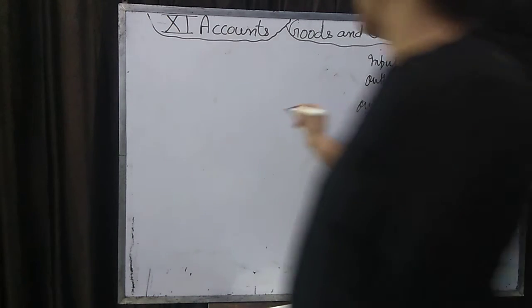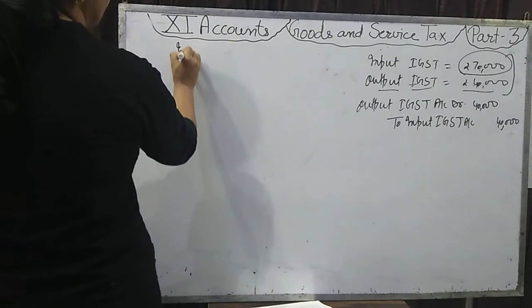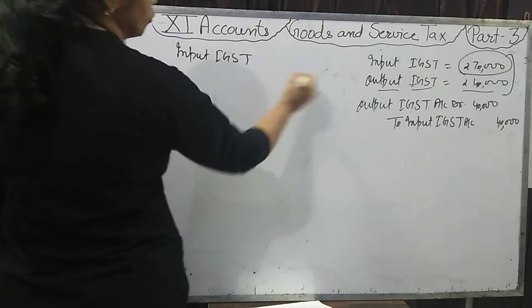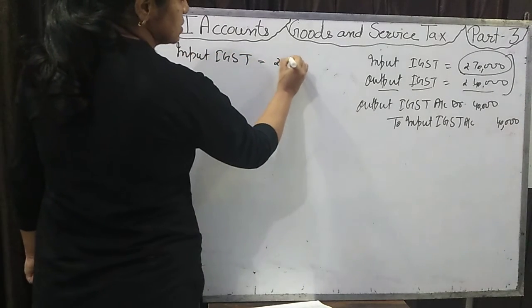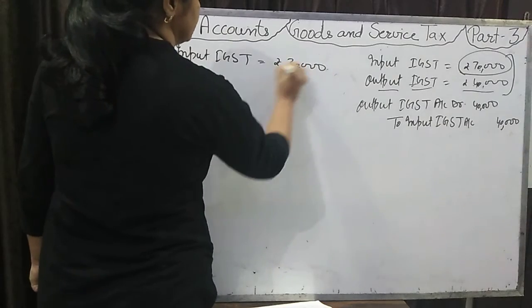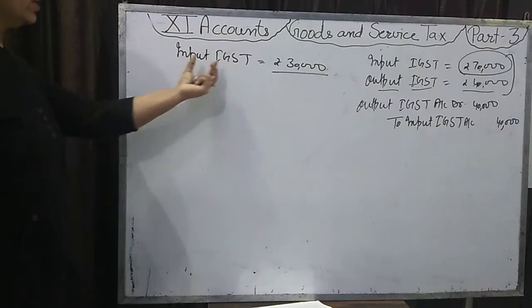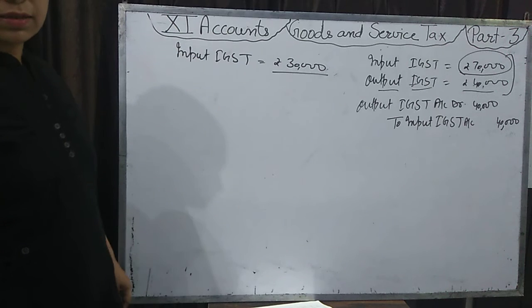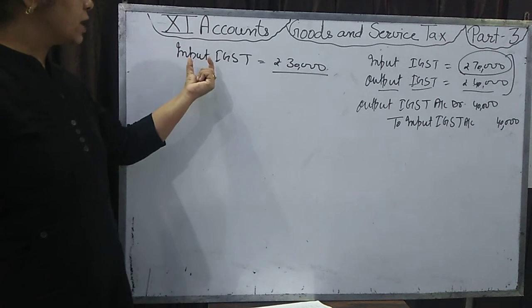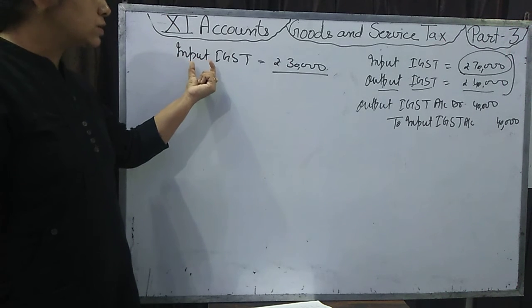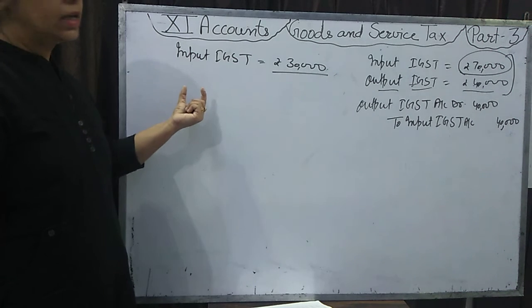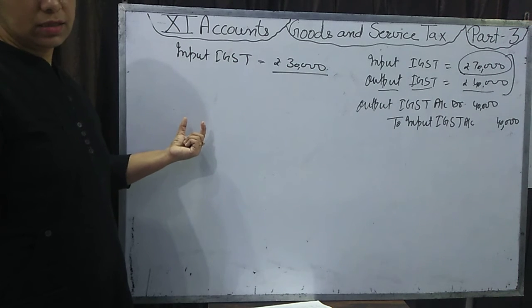Now we are having balance of 30,000 in input IGST after adjusting the output IGST. So what will we do with this input IGST balance? We will adjust our output CGST and output SGST from this input IGST.